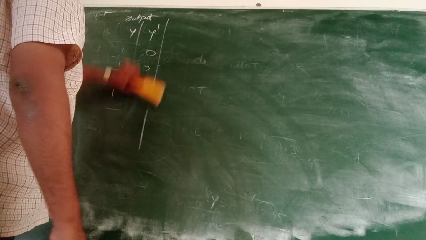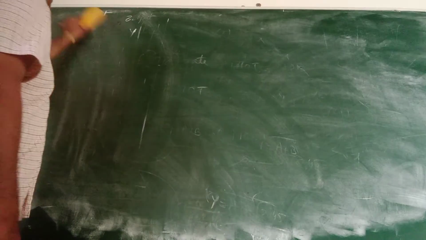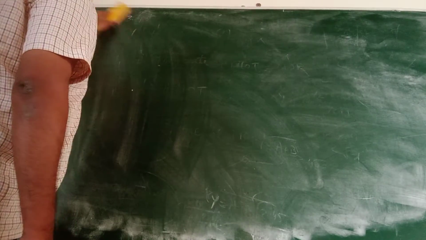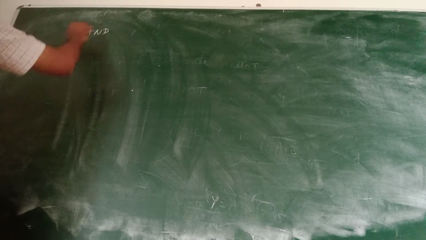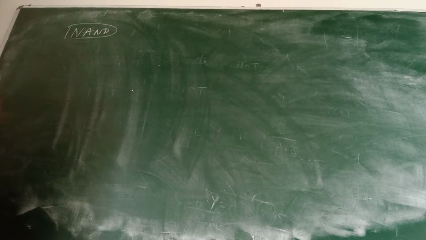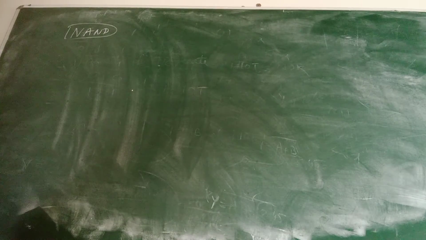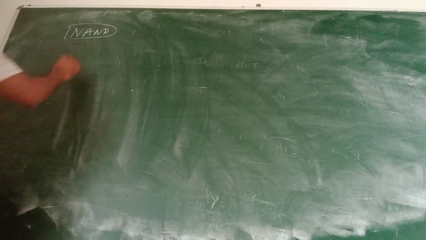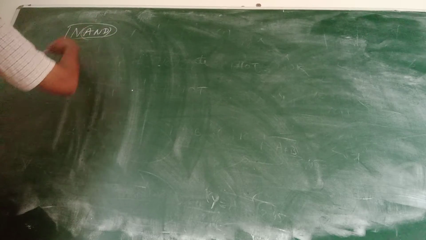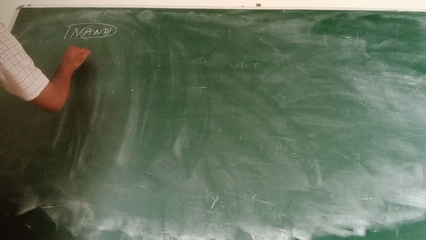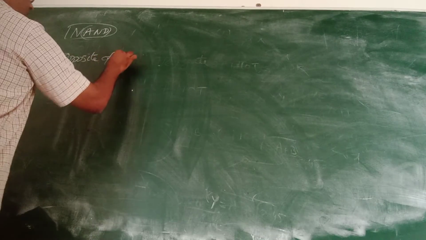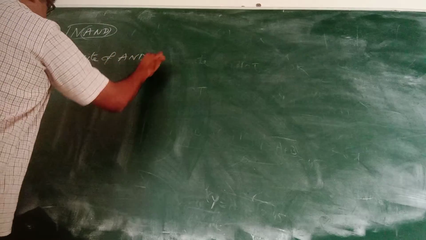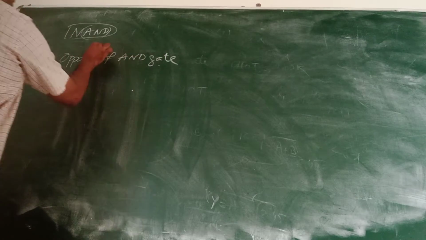So next we will see one more gate, NAND gate. Okay, NAND gate. Like your NOR gate, this is opposite of AND gate. What do I mean by opposite?